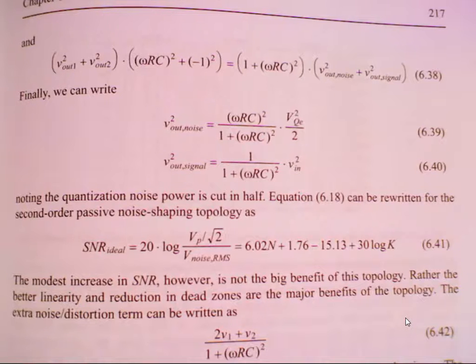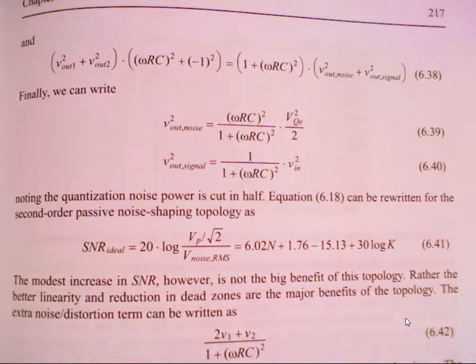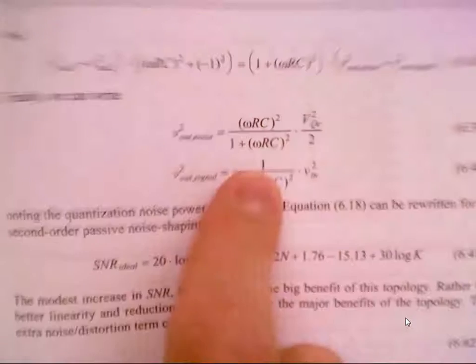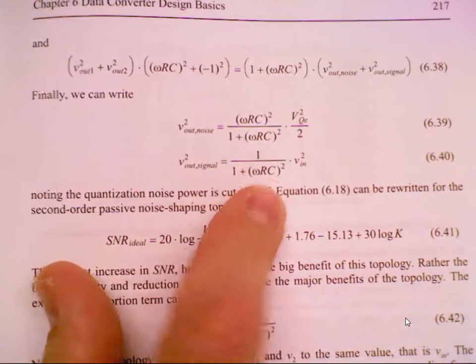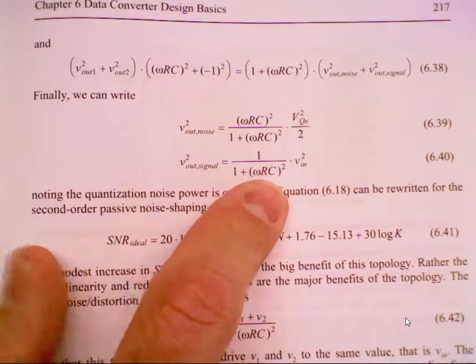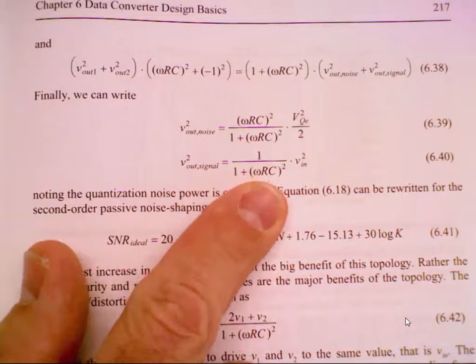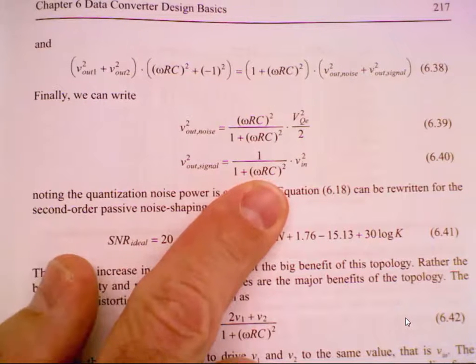You get your output noise and your output signal. And as before, the output signal is low pass filtered. Is that a big problem? Nope. And of course, is there any difference? It's still first order low pass filtering, so there's no difference between this and the first order topology.